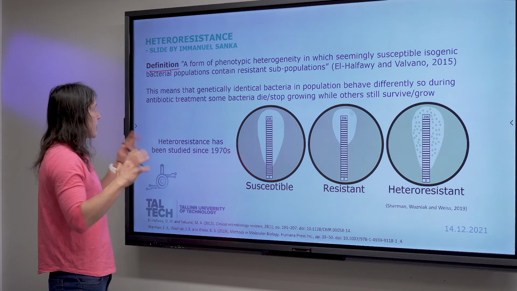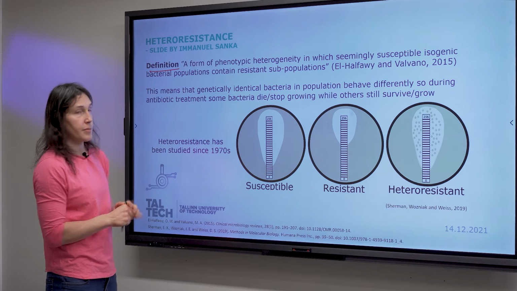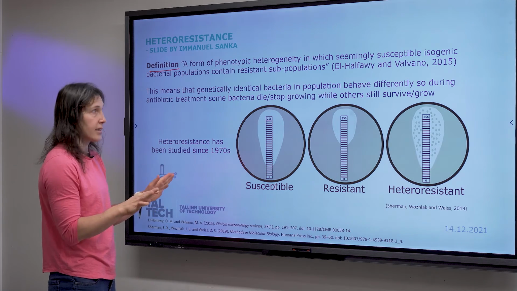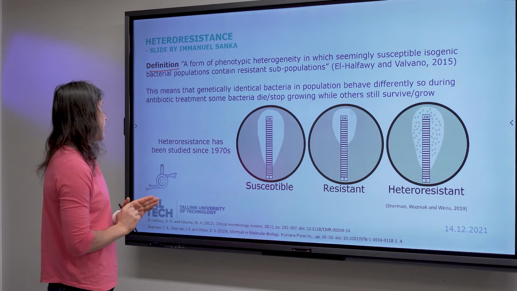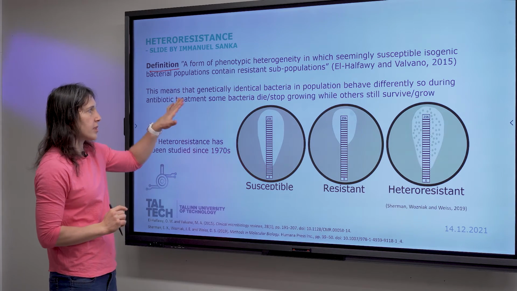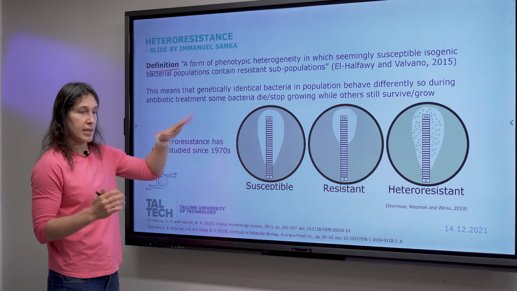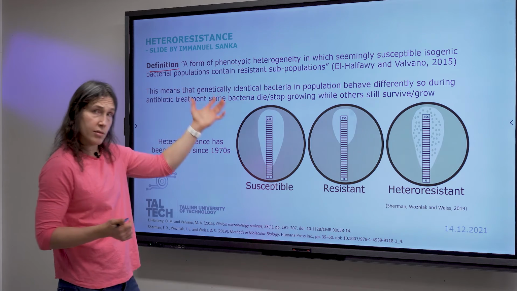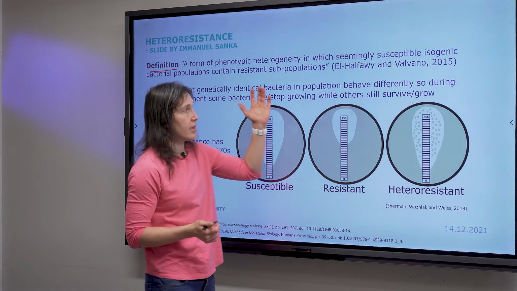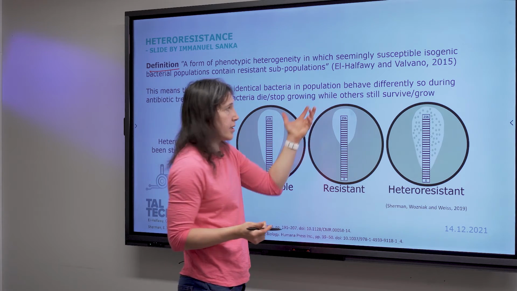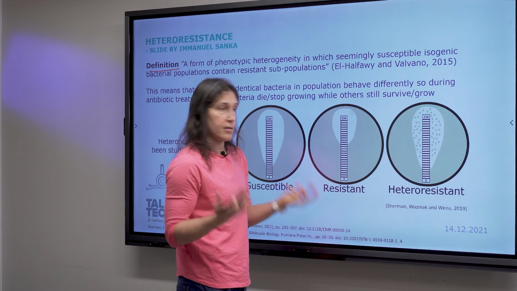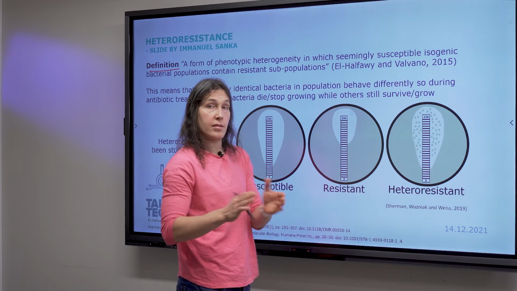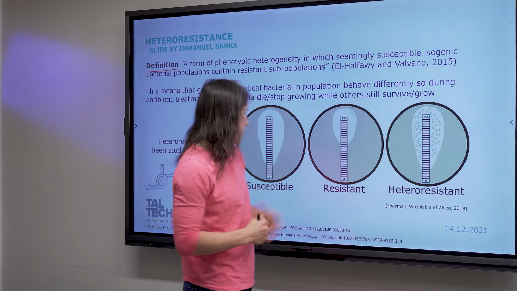Simply, this means that bacteria that are genetically identical behave differently. During some antibiotic treatment, some bacteria will die. But as we also saw in the previous slide, some, and it can be just 1 or 2, will still survive and then multiply and grow further.